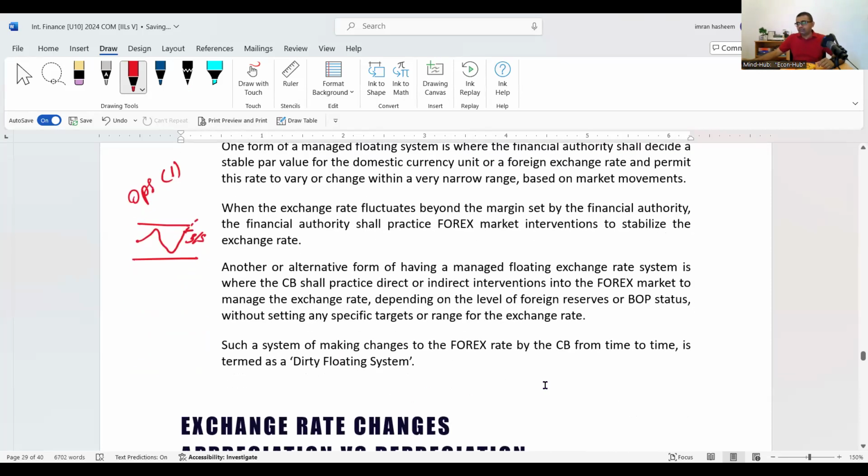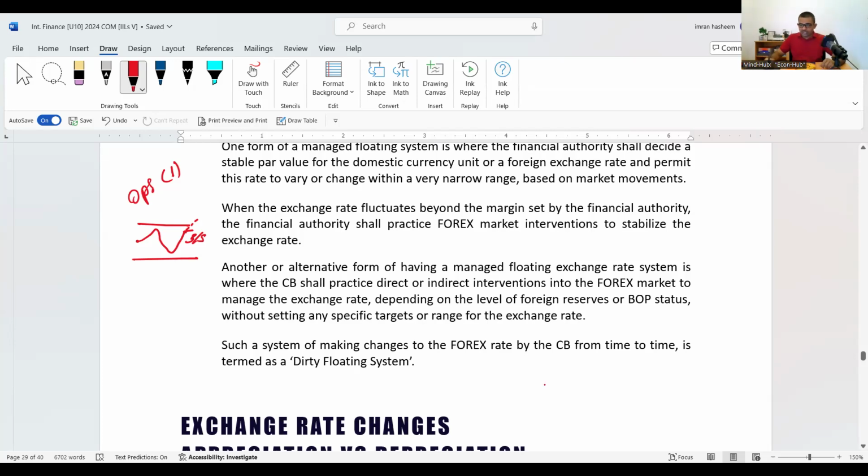Another, alternative form of managed floating exchange rate system is where the central bank practices direct or indirect interventions in the forex market to manage the exchange rate, depending on the level of foreign reserves or the BOP situation and the impact the exchange rate has on the BOP, without setting any specific target or range for the exchange rate.